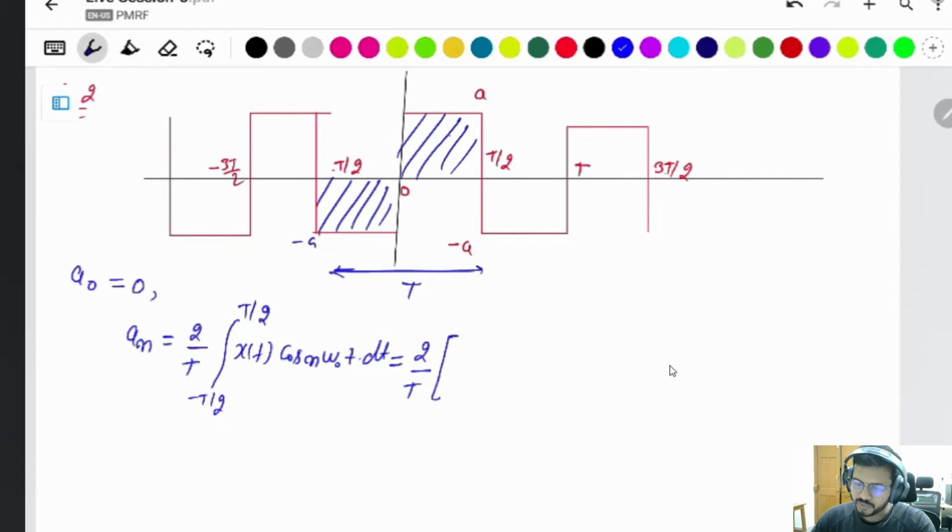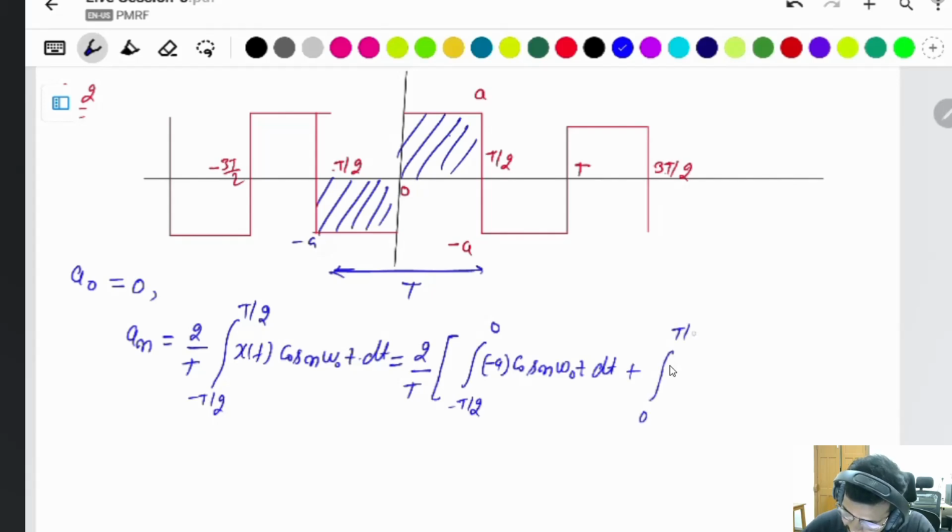That's why we have to divide this one into two parts. Integration of minus t by 2 to 0, this value is minus of a and cos of n omega naught t dt. Second part will be 0 to t by 2, this value is a cos of n omega naught t dt.